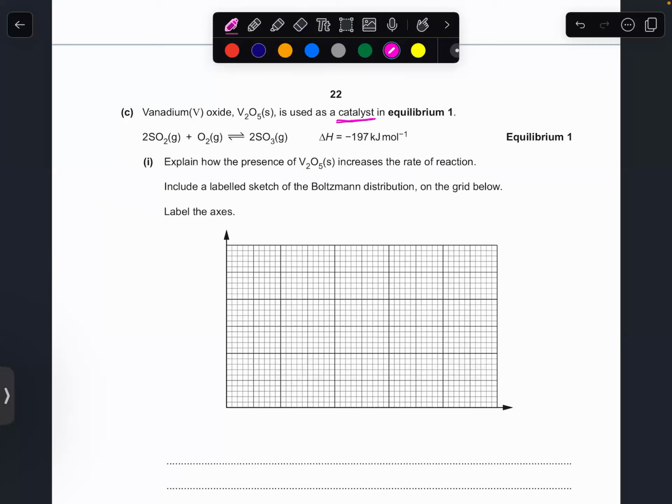Let's label the axis. Number of molecules. These are molecules. At the bottom, we have energy. And our Boltzmann distribution starts off at 0, 0. It's like a camel hump. And it comes all the way down, but does not touch the x-axis. Because this is the original activation energy, by using a catalyst, it lowers the activation energy.